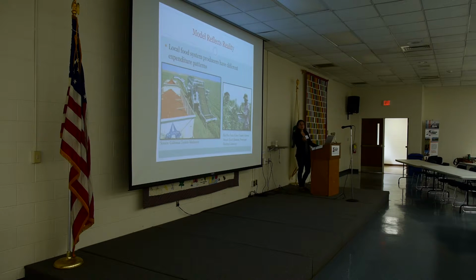You may be less efficient in your fuel utilization because maybe you don't have a full truckload going to market, but you're traveling longer distances. Maybe you're going to several markets. So local food system producers, farms that are selling through these local markets, have different expenditure patterns. They need different inputs per dollar of expenditure than do other kinds of producers. And even if we didn't have a scale difference, this is probably true.